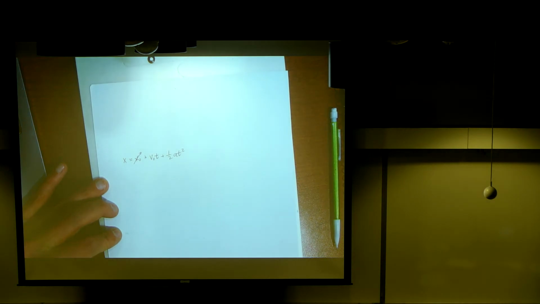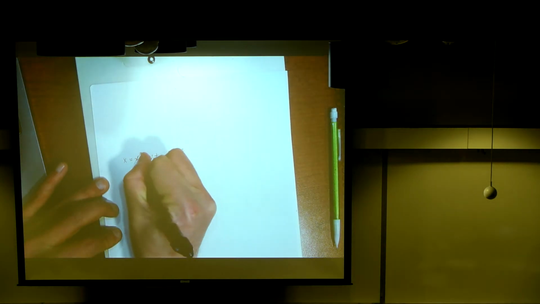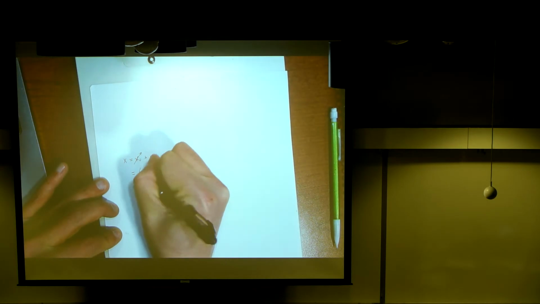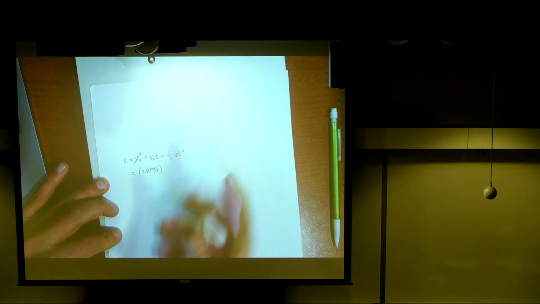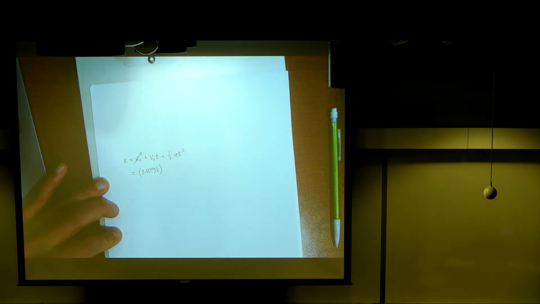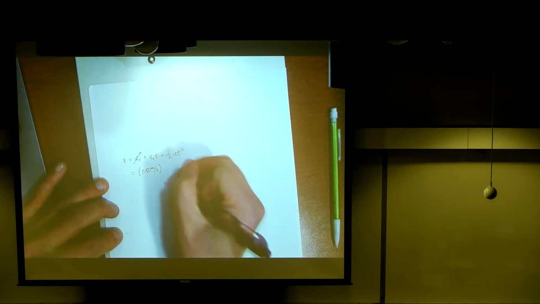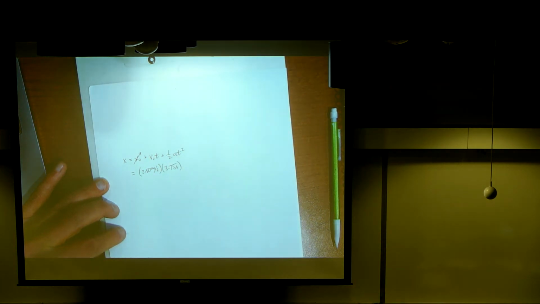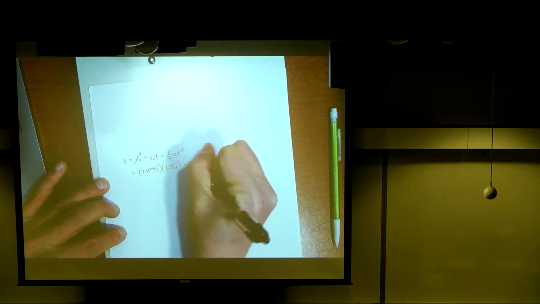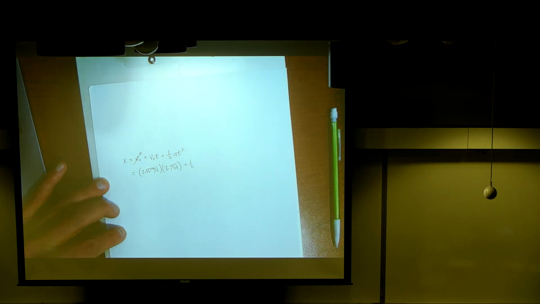First of all, x0 is 0, so we can just ignore that for now. The value of v0 that we plug in is 2.50, and the units on that are meters per second. Turns out this thing is a velocity. T is the time, that's 3.75 seconds. And then we add that to a half times a, that's called the acceleration.